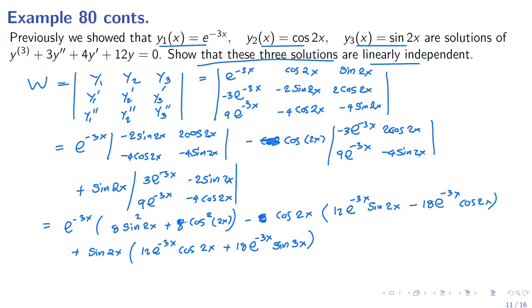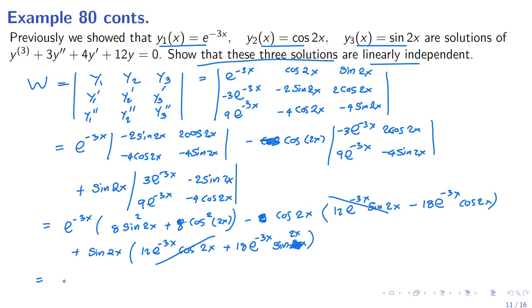Now, this term, when we expand with the cosine 2x, gets cancelled out with this term, and this term with the minus 18. Hold on, this is 2x actually. Okay, so these two terms get cancelled out.